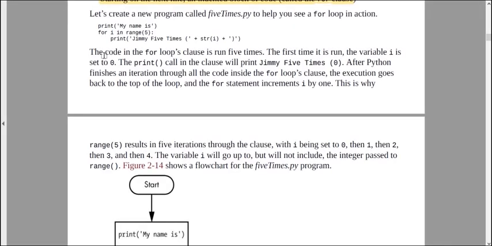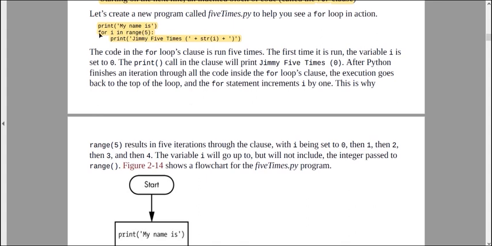Now let us see an example of a program where we will be using the for loop. Here the print statement is being used, and it is printing "my name is", and then the for loop is used where i is the loop variable and the range function is used, and only one integer value is given, which is 5.